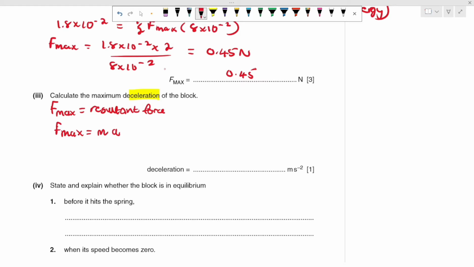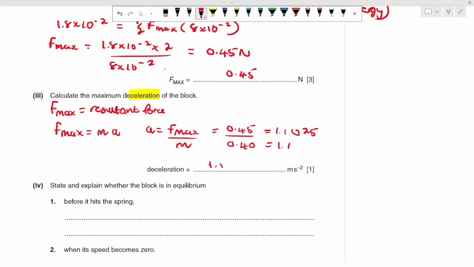So my acceleration will be equal to my F max divided by my mass M. My F max is 0.45, and my mass M is 0.40. If I compute this, I'm going to get something like 1.1025, so my deceleration will just be 1.1 meters per second squared.